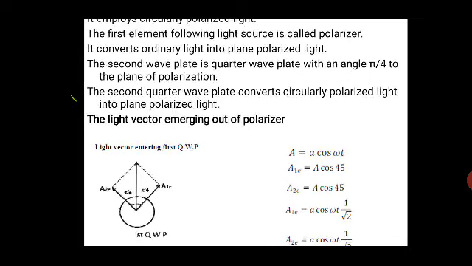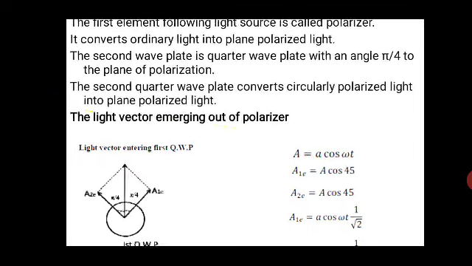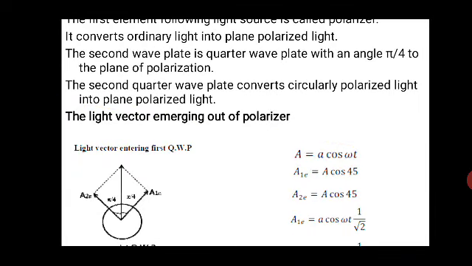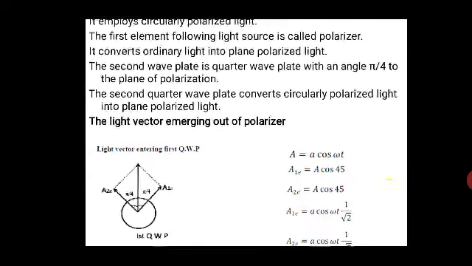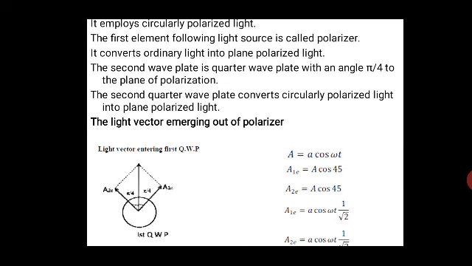Now, the light vector emerging from the polarizer can be considered as A equal to A cos omega t. Since it is a quarter wave plate, I will take the first component A1 as A cos 45 degrees. Similarly, the second light vector A2 is A cos 45, or we can rewrite it as A cos omega t times 1 by root 2.